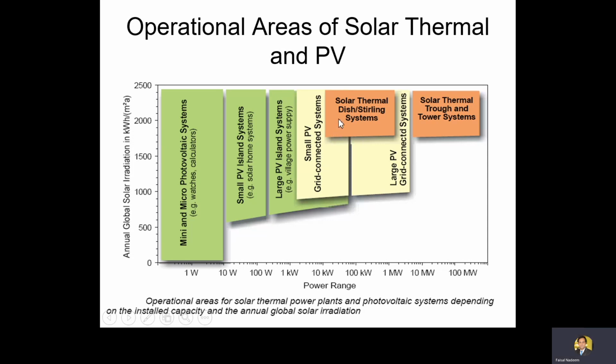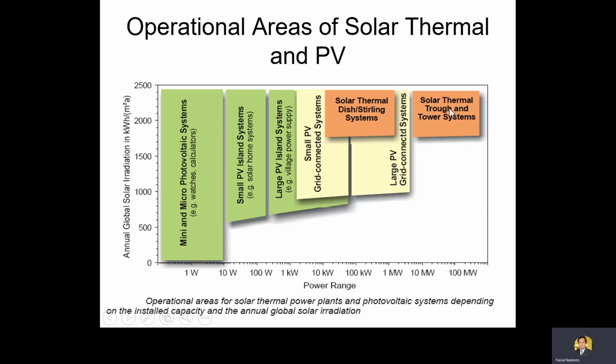Secondly, these solar thermal systems are economical and beneficial not for producing less power, because they are basically installed in areas which have very high irradiance levels. They are installed for producing a large amount of power, above 10 kilowatt up to 1 megawatt.